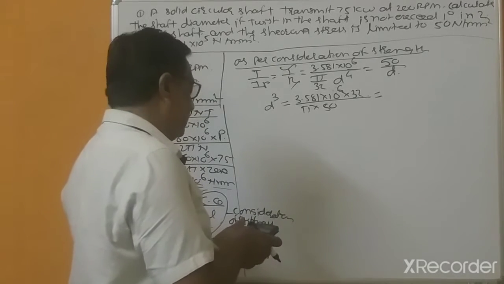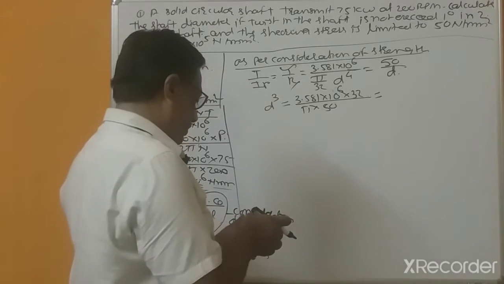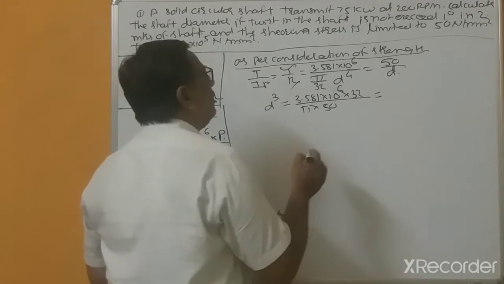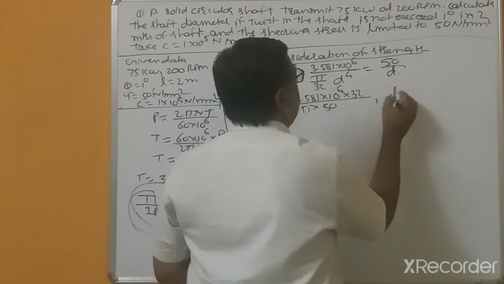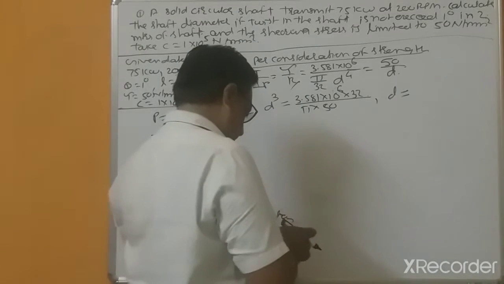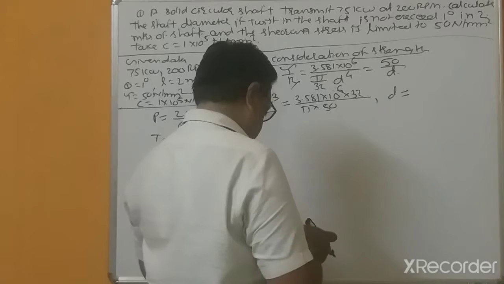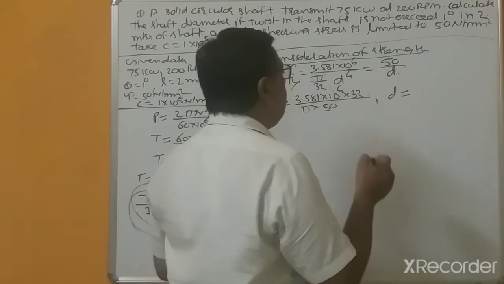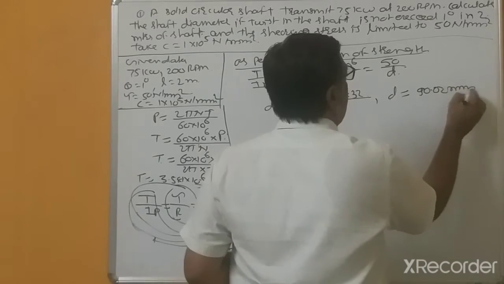Taking the cube root, D equal to 90.02 mm.